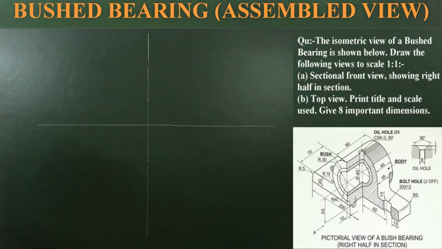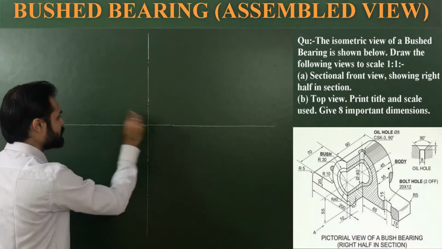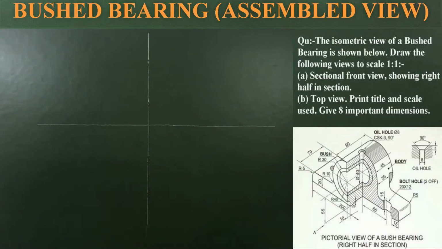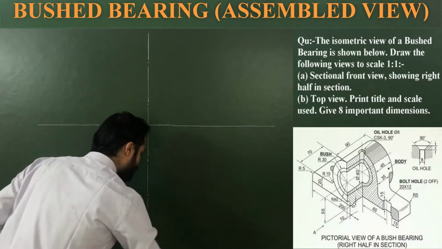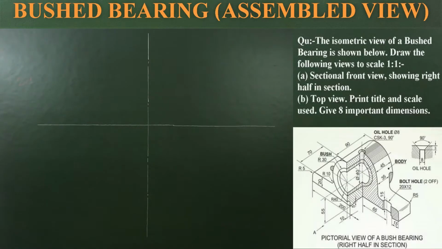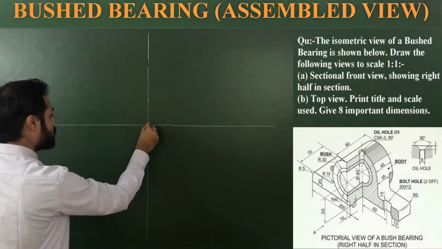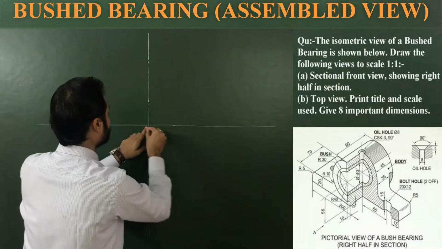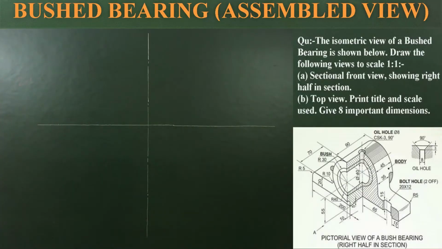So in this problem we are starting from the center point. This is the center point, the center of that bearing. Now from the center, the total length is 200, 100 on the left side and 100 on the right side, and I am going to use a 2H light pencil initially. So from the center, mark 100 mm on the left side and 100 on the right side.